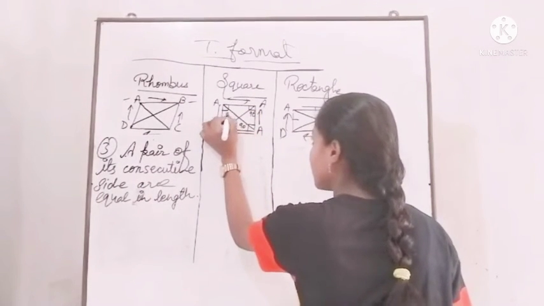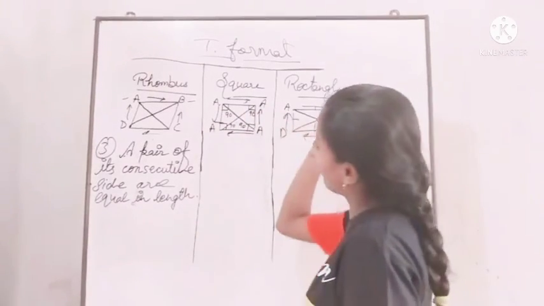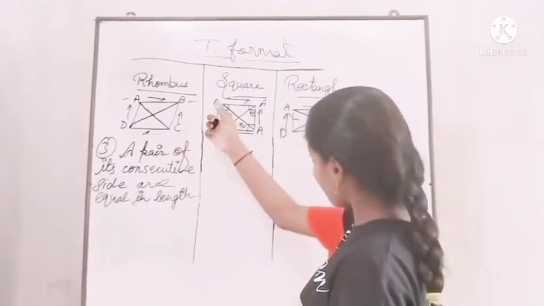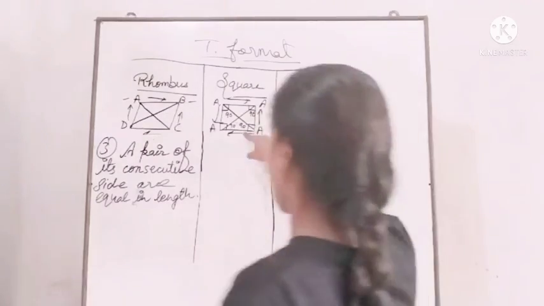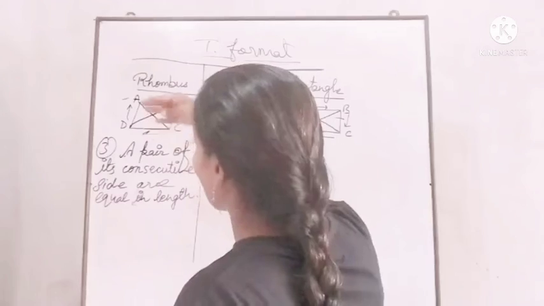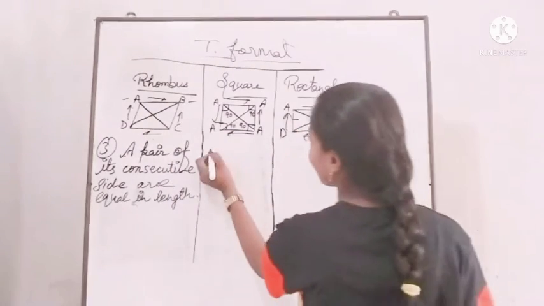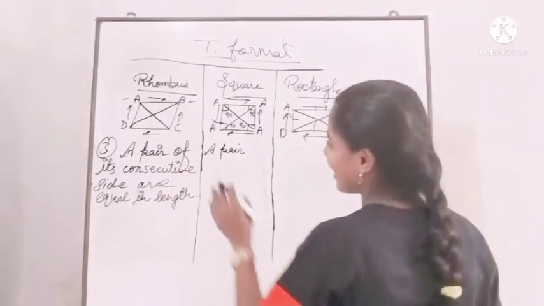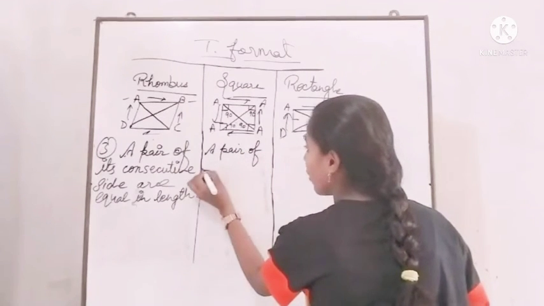This is a special thing about the square, that every side is equal, and at the vertices, the angles are also equal and formed at 90 degree. Now in the rhombus, a pair of its consecutive sides are equal in length, and the same thing happens here.